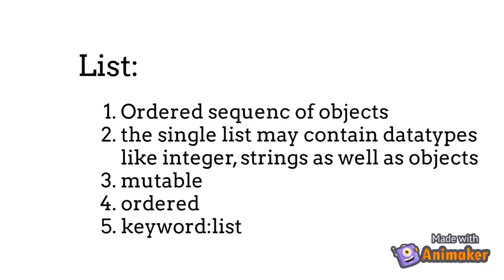The data type can be a string or an integer or floating point numbers, etc. The list is mutable. That means once the list is assigned some values, it can be changed at later times also. The keyword list is used to represent the list data type in Python. Now let us see more about the list in Jupyter Notebook.